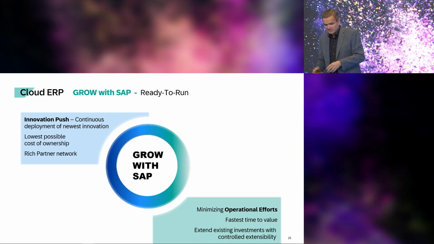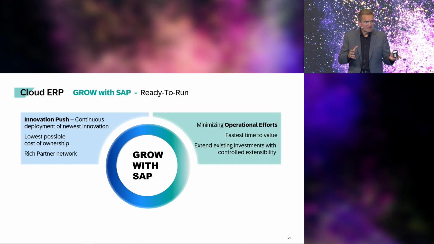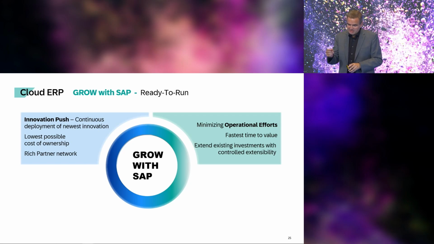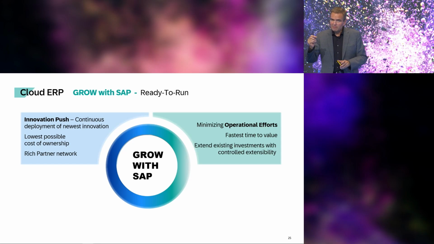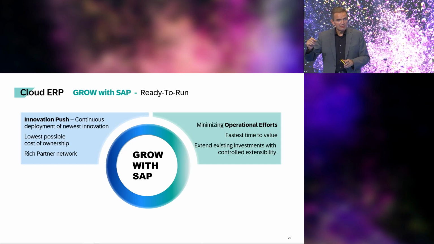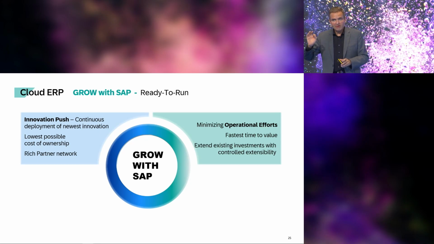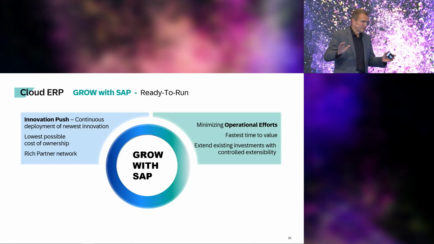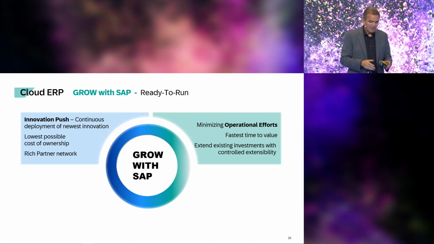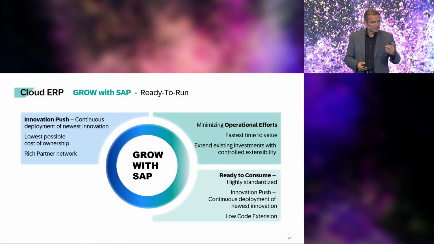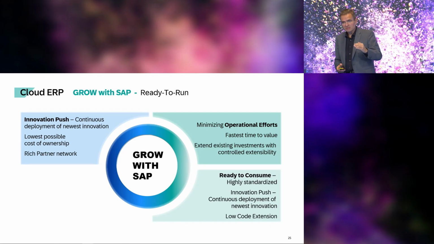If we go to the operation side, the consequence is that it comes with a faster time to value, no doubt. Because it is highly standardized, the extensibility is also done in a controlled way, not to the full extension, but in a controlled way to keep you always on a clean core. Grow is always, per definition, clean. When we go to the consumption, it's ready to consume because of highly standardized processes.